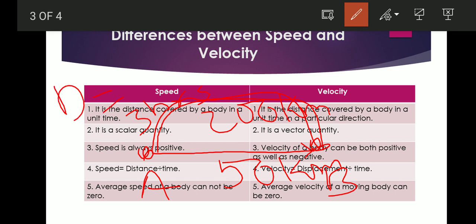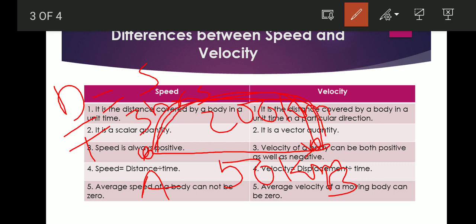Distance divided by time is speed. So 200 divided by 3 will be your speed. That would be how much? Yes, 66.6 will be your speed in this case.